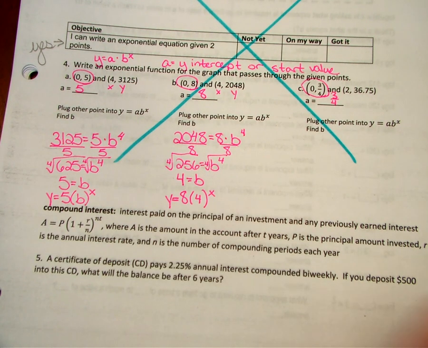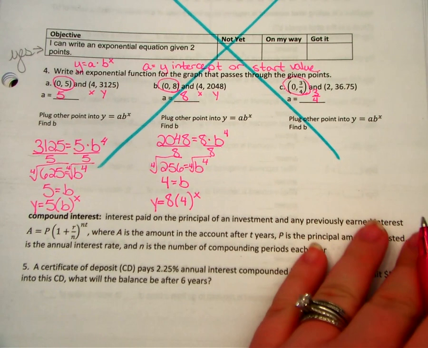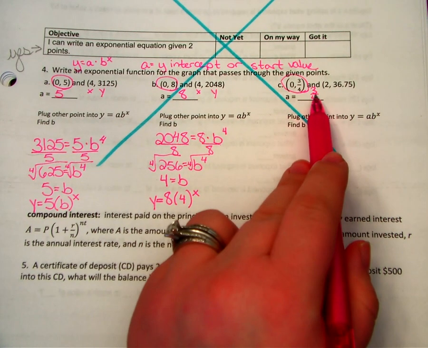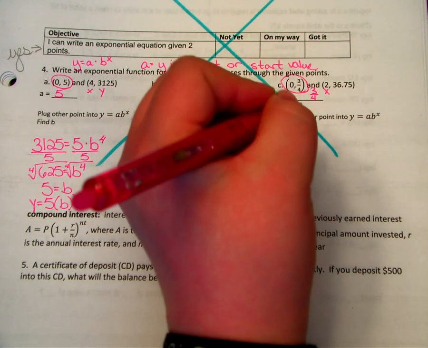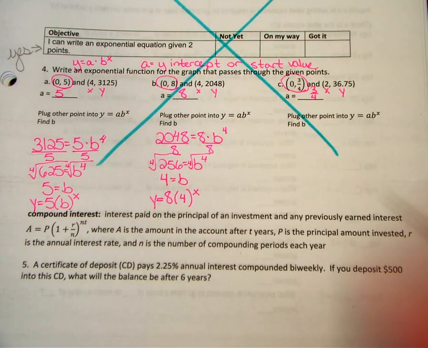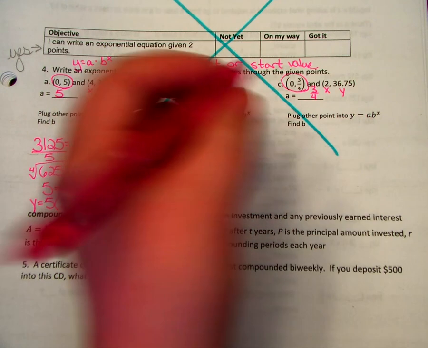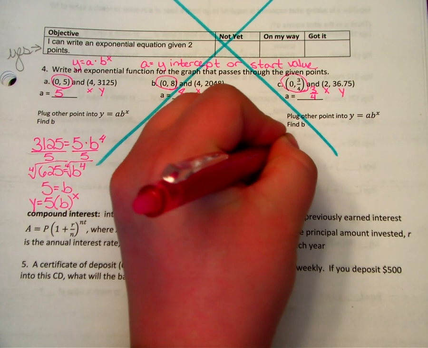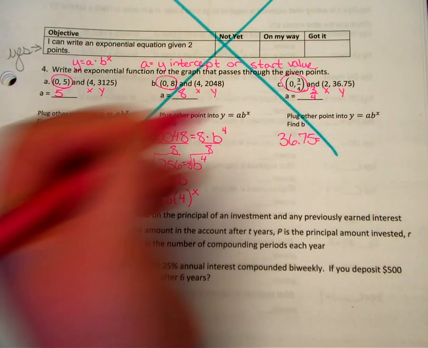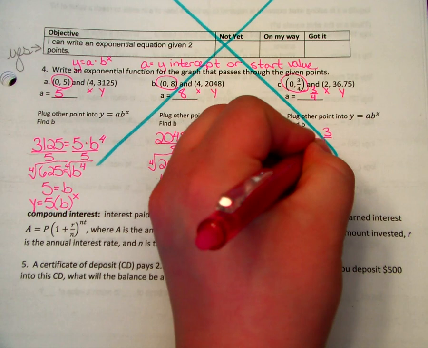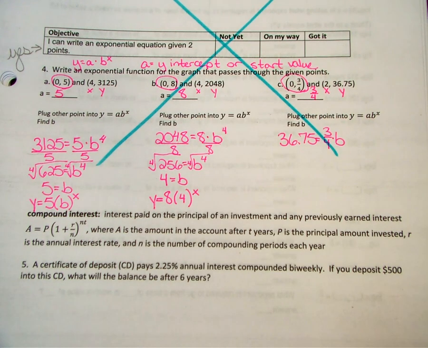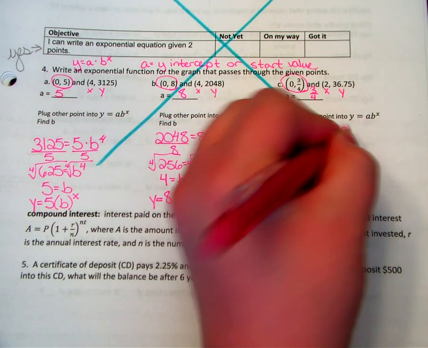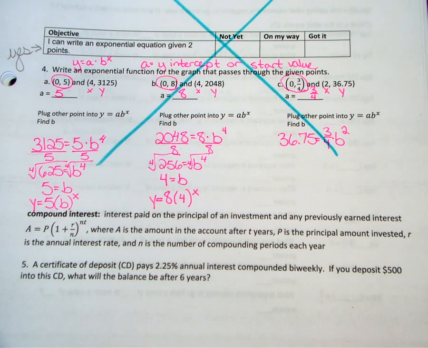Let's look at the last one here. 3/4 is what we're plugging in for A, so that means 2 is going in for X, and 36.75 is going in for Y. So I have 36.75 equals A, we don't know B, and raise it to the X power, which is 2.